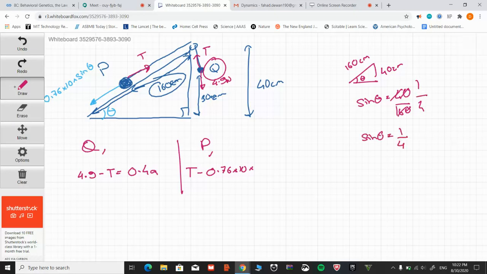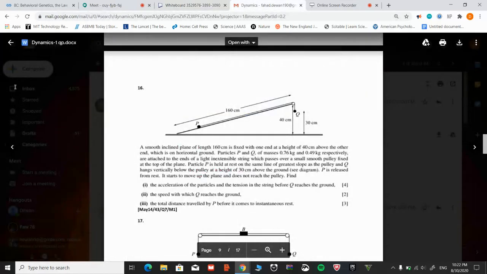So instead of sine theta, I've just calculated that the value of sine theta in this problem is 1 by 4, right? So T minus mg sine theta equals its mass into the acceleration of the system. These are the two equations, and when you solve them simultaneously, you should get the value of the tension and the acceleration.